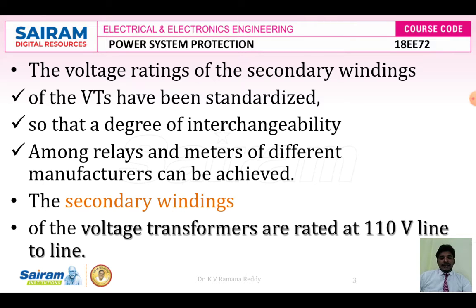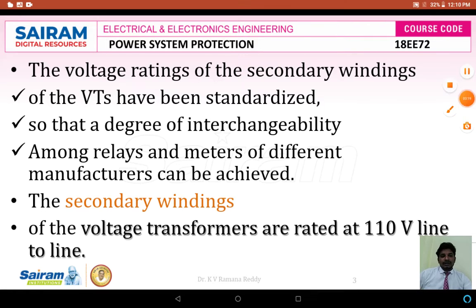Generally on the secondary side we step down the voltage to 110 volts from the primary side. So if I am going to achieve 110 volts on the secondary side, then the primary side voltage should be something other than 110 volts, because we have to maintain a universal value like 110 volts at the secondary side of the voltage transformers, whichever manufacturer makes it.